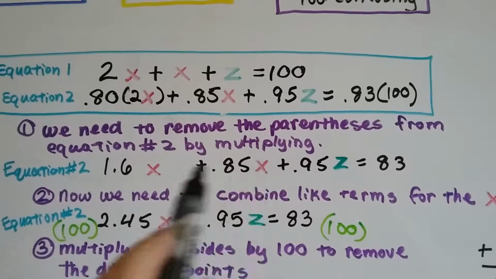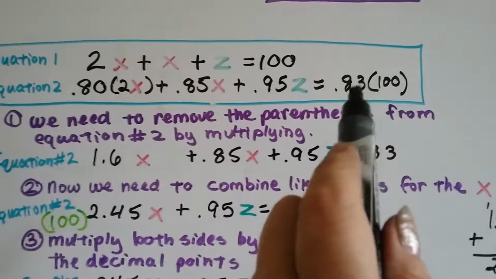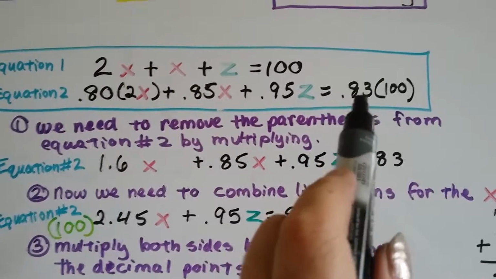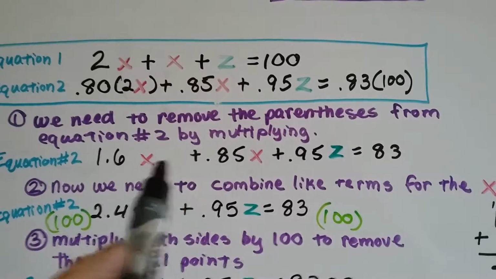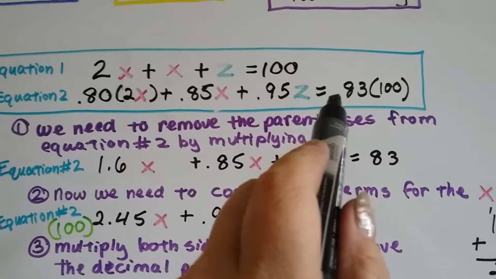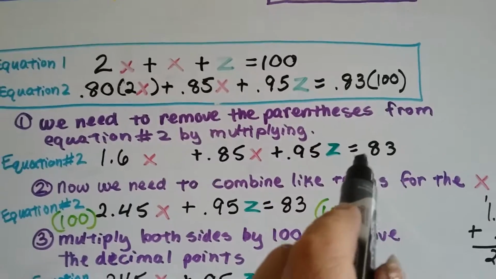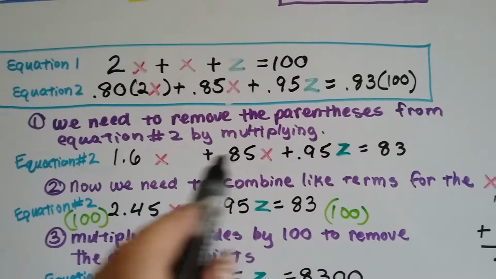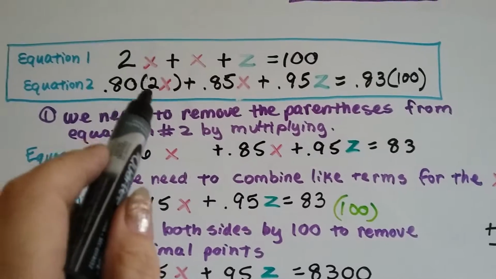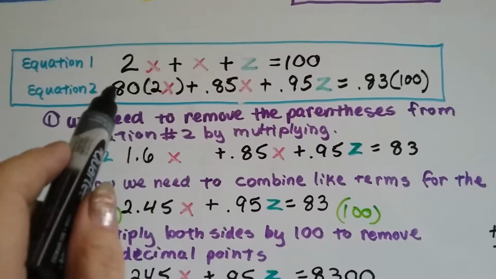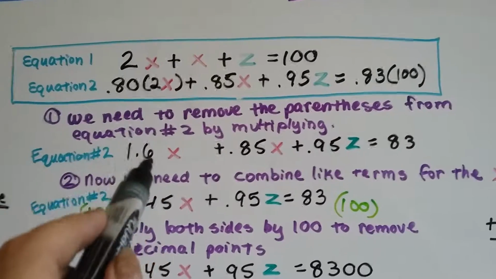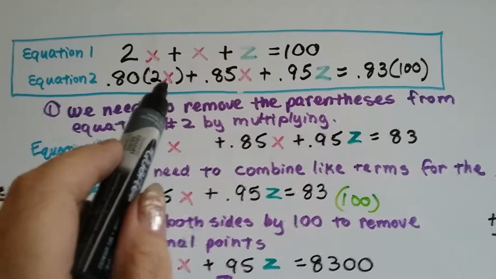So to remove the parentheses from here, we just multiply this, okay? So, the 0.83 times 100, because we're multiplying it by 100, the decimal point moves from in front of the 8 to behind the 3. And now we've got an 83. And we have to remove the parentheses from here, don't we? So 0.80 times 2 is 1.6 with the x.